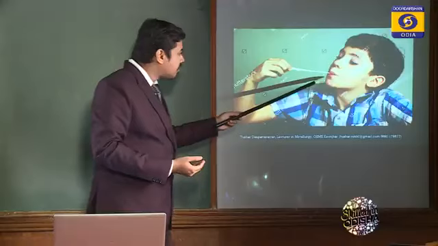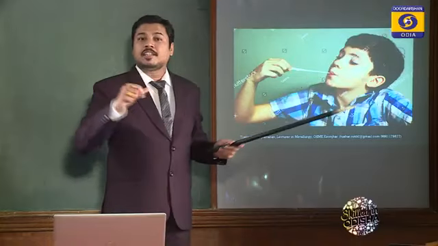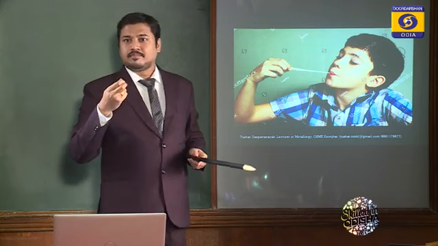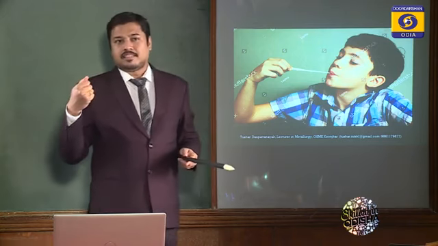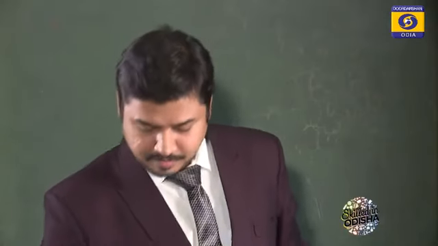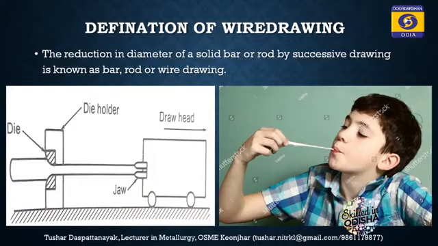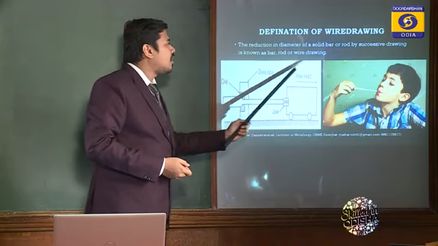If we deduce from this, a successive reduction of a solid rod or bar by pulling is called wire drawing. Okay. I've already told you the definition: the reduction in diameter of a solid bar or rod by successive drawing or pulling is known as bar, rod or wire drawing.